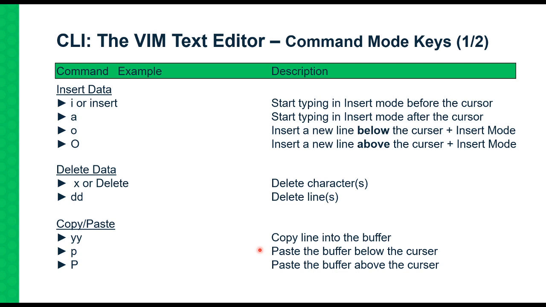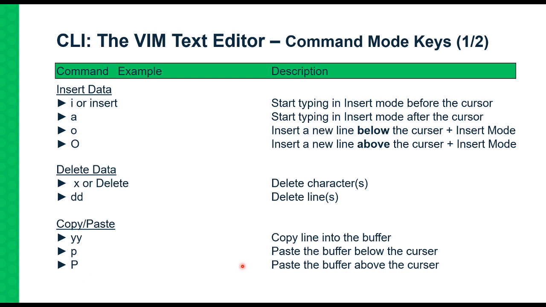So it will move all data just below the cursor one line down and paste the contents of the buffer inside that new line. We can also decide to paste the contents of the buffer to the line above our cursor position. So that we use the capital P for, to paste the contents above the cursor position.